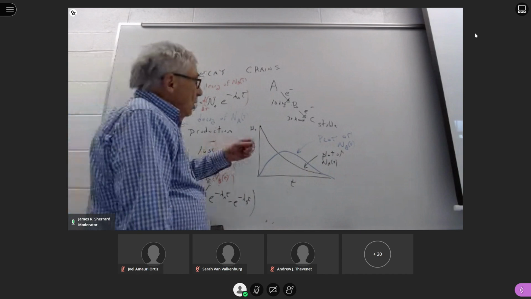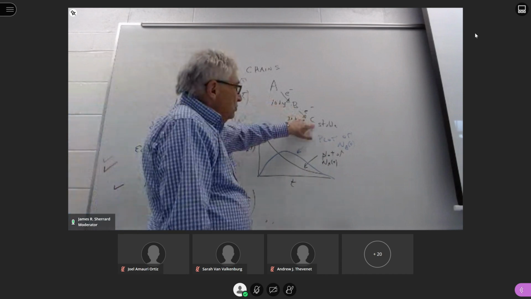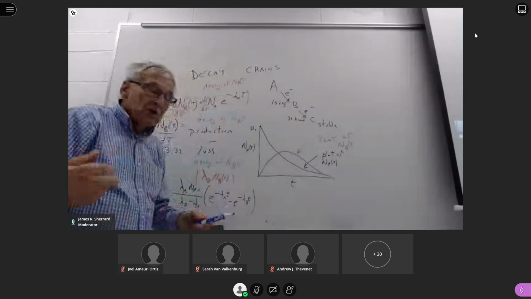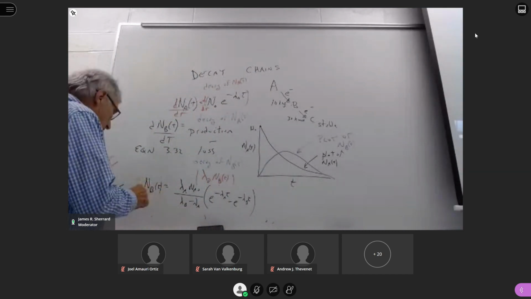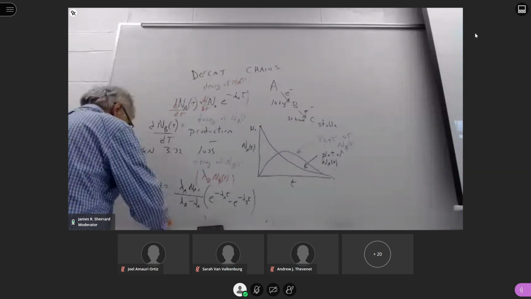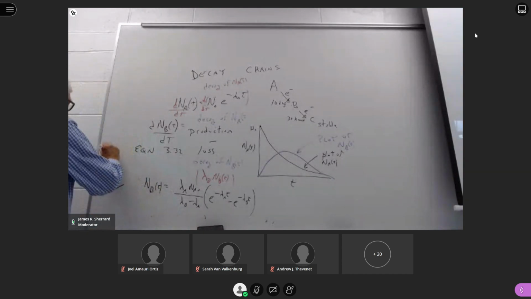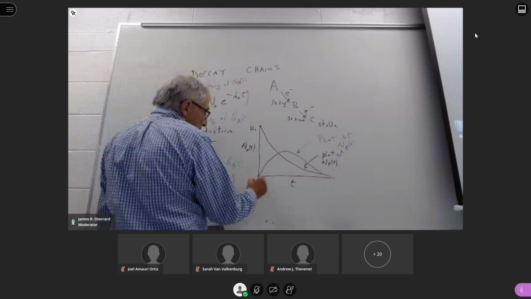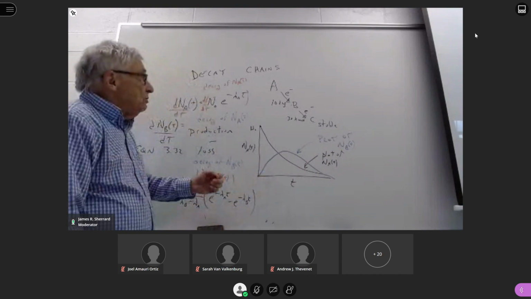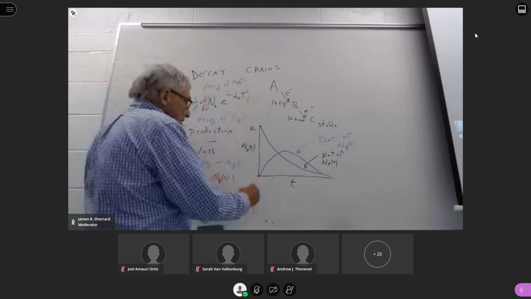We then know ultimately that all of the B's will go to C's. C is stable, so it's not decaying. So that's going to build up over time. If we look at C's, it's going to start down here at 0 because the time is equal to 0. Everything is just A's.